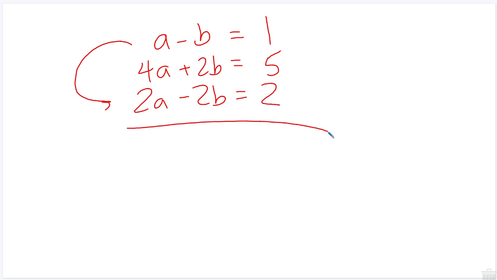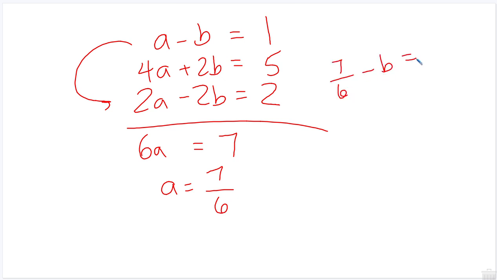And then when I add these two things together, I'm going to get 6a, and then 2b plus negative 2b cancels. 6a equals 7, or a is 7/6. And if a is 7/6, well then 7/6 minus b is supposed to equal 1, right? If I just use a minus b equals 1, well 7/6 minus 1/6 ought to give me the correct equation.